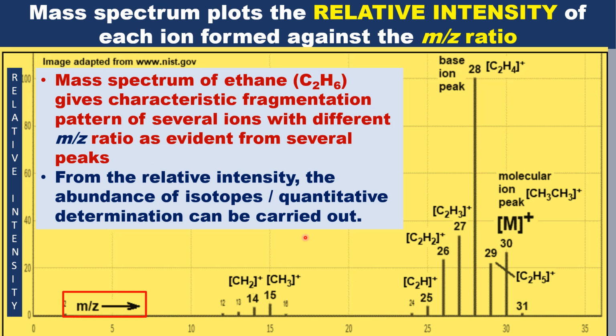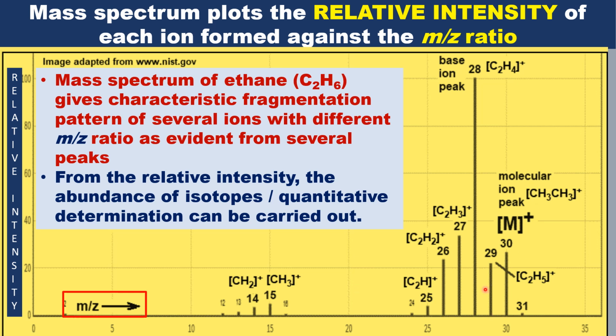Okay. This is the mass spectrum. There are several fragment ions produced. Okay. So, mass spectrum of ethane gives characteristic fragmentation pattern of several ions with different M by Z ratio as evident from several peaks.